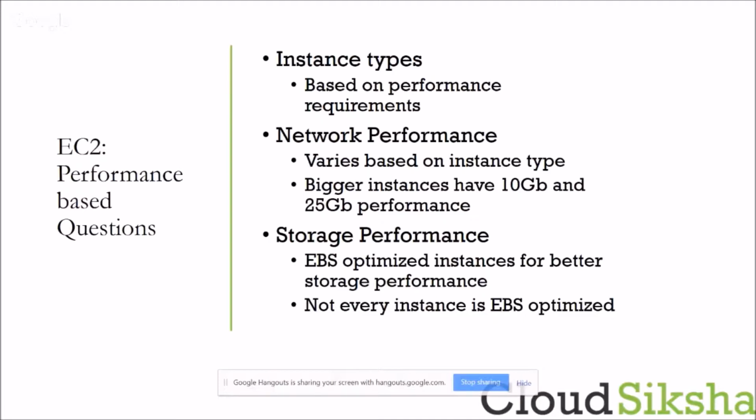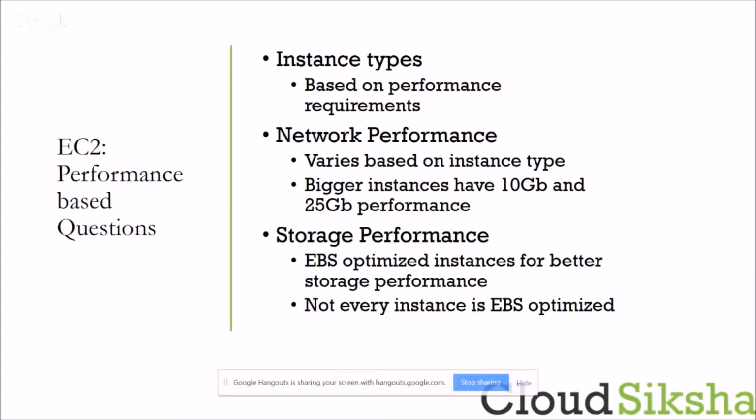then what happens at that time is that the instance which you are using has a very low network performance. So if you see your basic instances, you will find that they tell you which have medium network performance, which have high network performance, which are 10 GB network performance, which are 25 GB network performance. So whenever there is a network performance based question, you can look at the instance type for an answer.